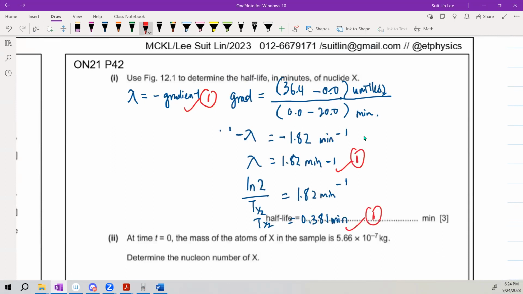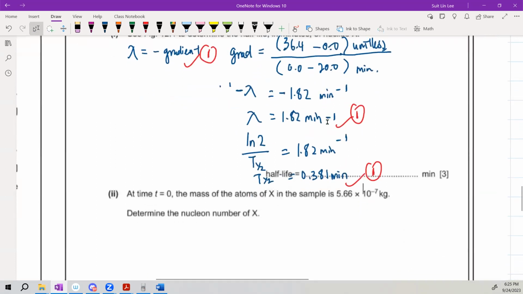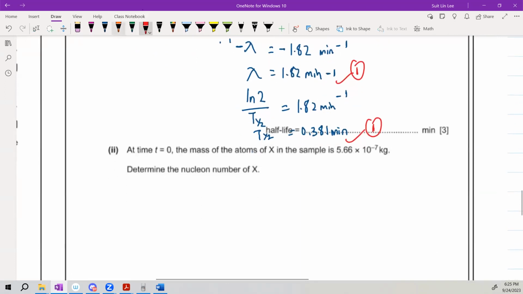Half-life as well. Okay. So whenever they give me something like mass, I know the only way to arrive at this is N, the number of particles. So I write down what I know. Number of moles is number of particles divided by the Avogadro constant, or number of particles is number of moles times the Avogadro constant.